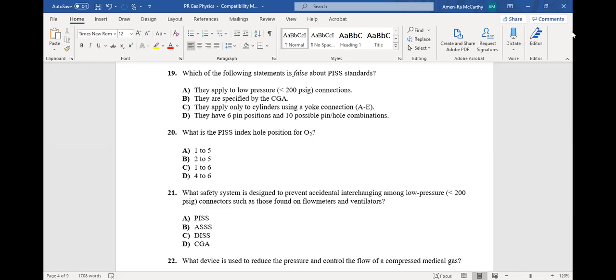Ms. Tabor, which one of these is false? Ms. Tabor, you with us?